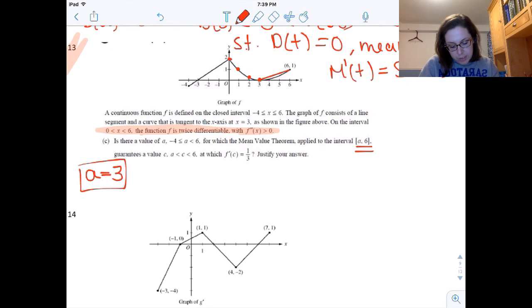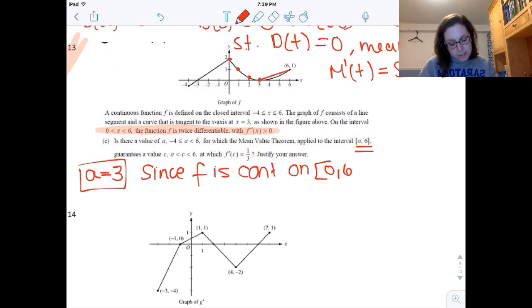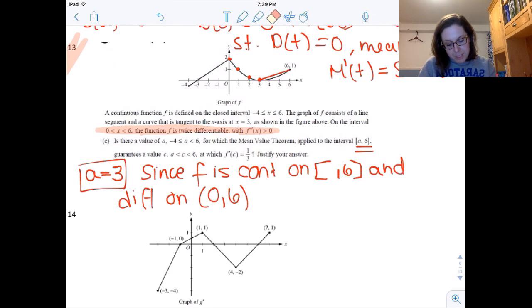So I would say since f is continuous on 0 to 6, we know that it's always continuous, and differentiable on 0 to 6. And actually, I'm not even going to use 0. I'm going to use 3 because that's my a value, right? f is continuous on 3 to 6 and differentiable on 3 to 6.